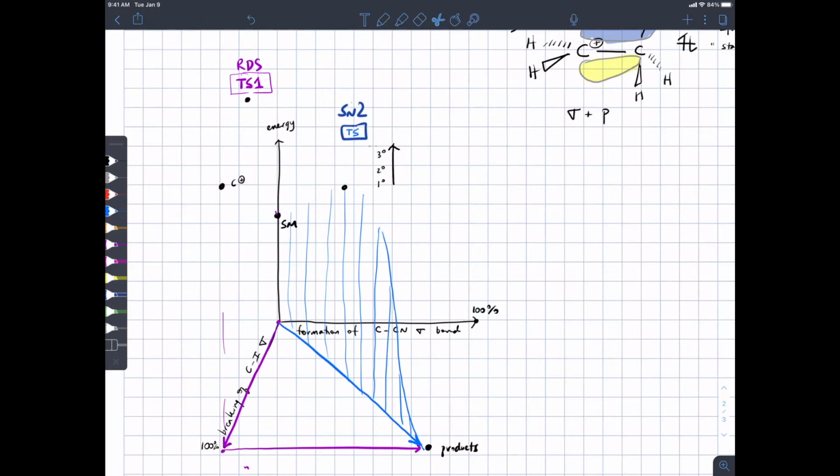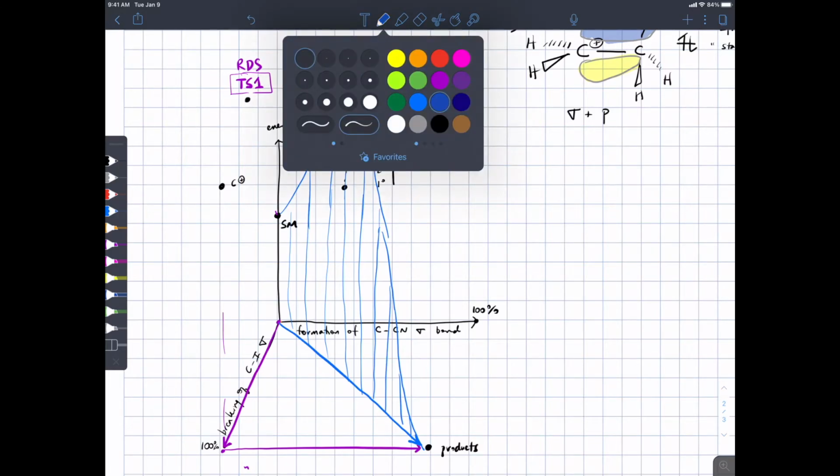So where we used to be is here. Now we're here. So if I were to draw the Sn2 mechanism or the energy diagram, now I've got a taller hill to get over.